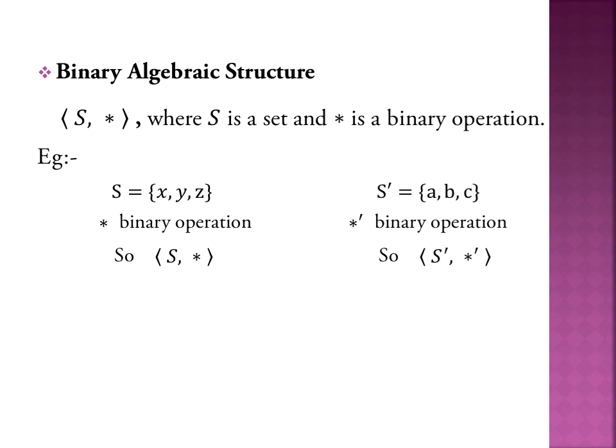Star is the binary operation on S and star' is the binary operation on S'. So we get two binary algebraic structures, ⟨S, star⟩ and ⟨S', star'⟩.